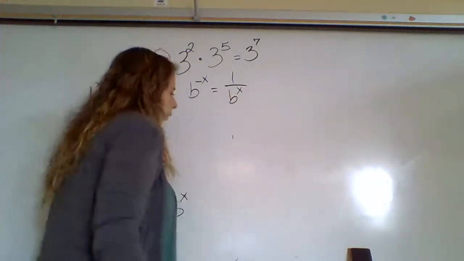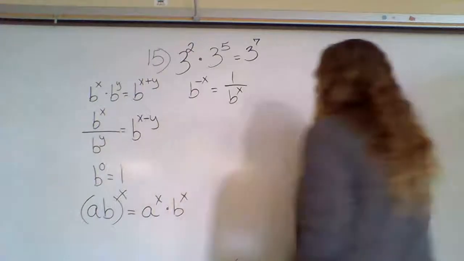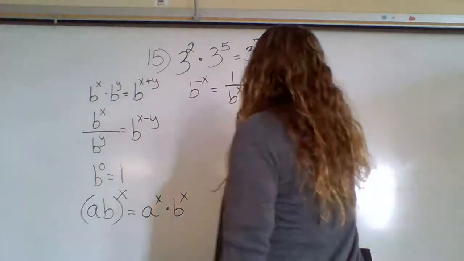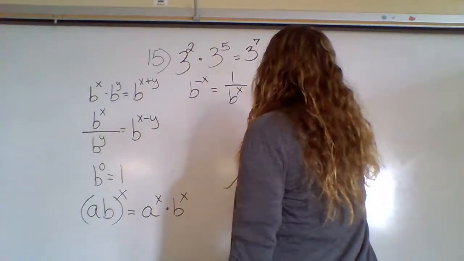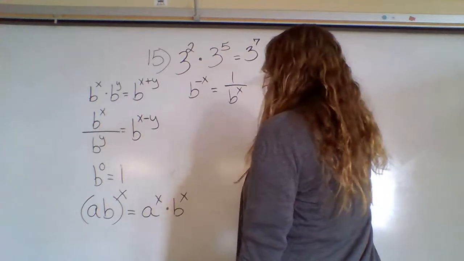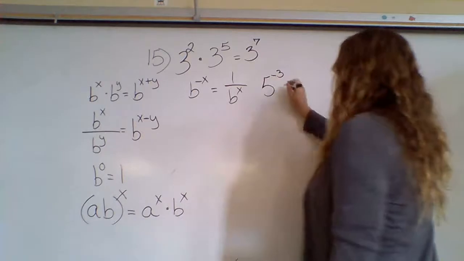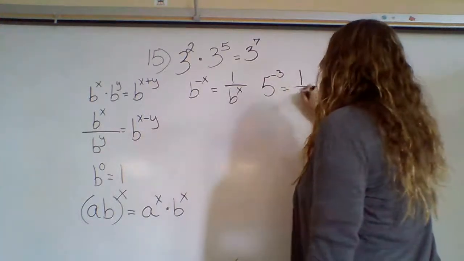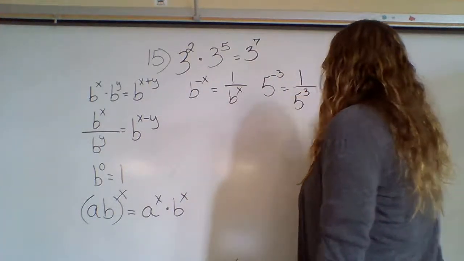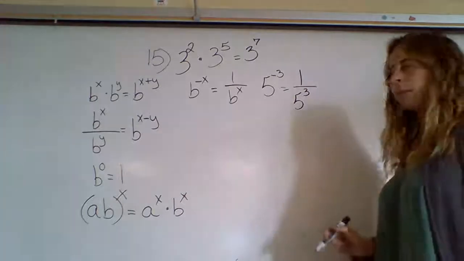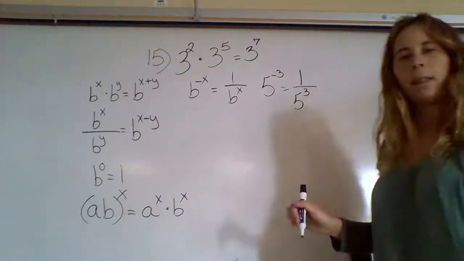So it turns it into a fraction. Okay, an example with real numbers. 5 to the negative third power. Okay, so that means it would be 1 over 5 to the third.